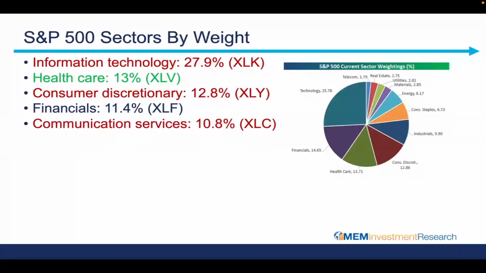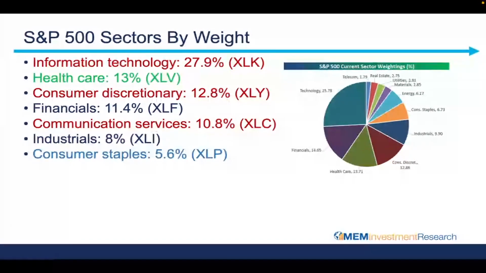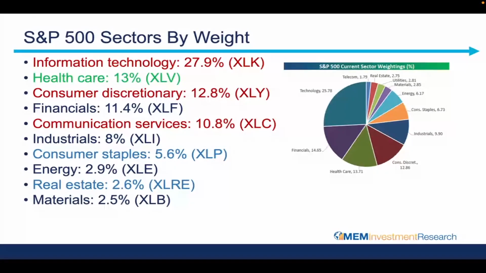Communication services, this is going to be internet related stocks, 10.8%, industrials 8, consumer staples, energy, real estate, and materials. So what I am pointing out to you here is this weighting this year in particular. And then last year, we talked about the fact that energy was the top performer, but really it only accounts for 3% of the broader markets. So despite that outperformance, you're not necessarily going to see the broader markets impacted by that.